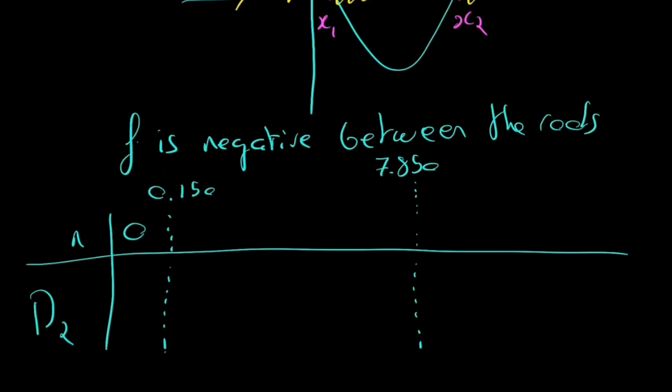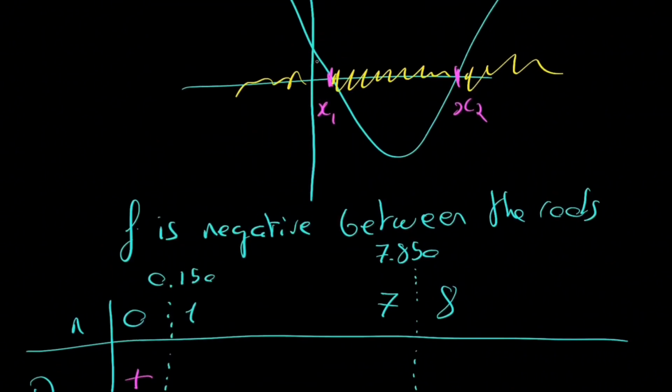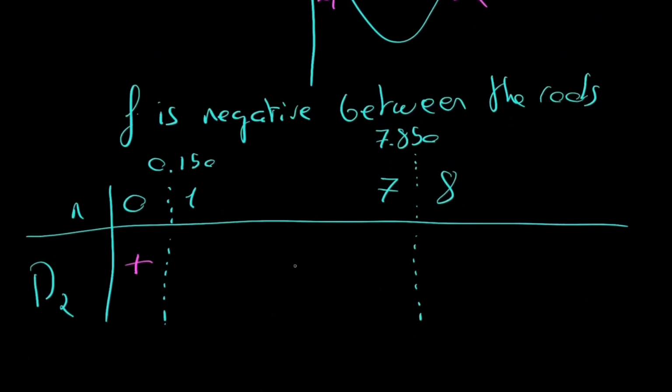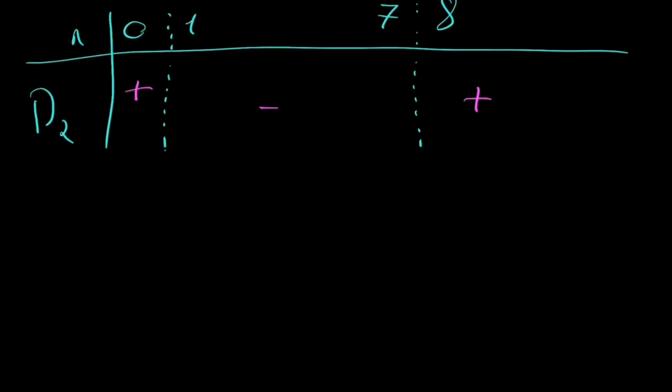Okay, and we've got the integers, so here 7, here 8. For 0 we will have something positive because we are on this part. Between 1 and 7 included we have something negative, and after 8, with 8 included, we have something positive. So let's sum up with D1 and D2 in a big table of values.